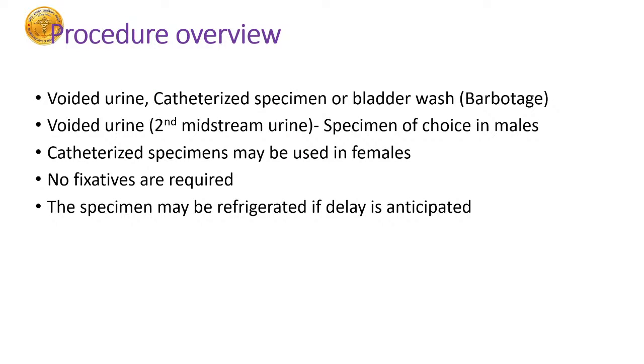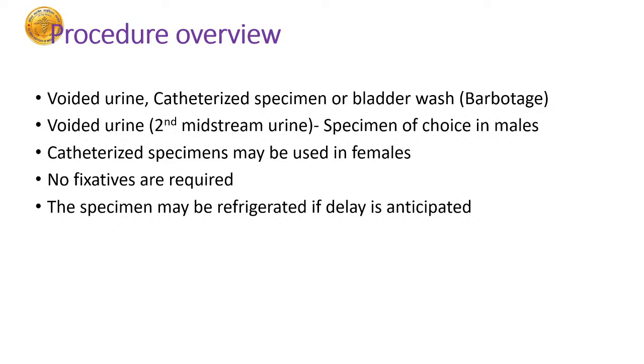Next slide, please. So just to take an overview of the procedure, we get various types of urine samples, as everybody knows. But when we talk about the Paris classification, we will say that we have voided urine samples, catheterized samples, or bladder washes. These bladder washes are also called barbotage specimens.